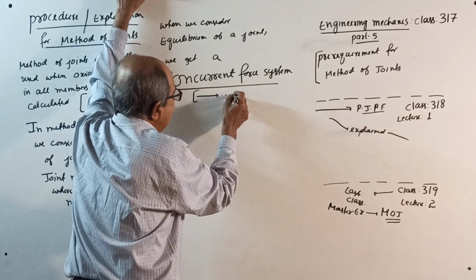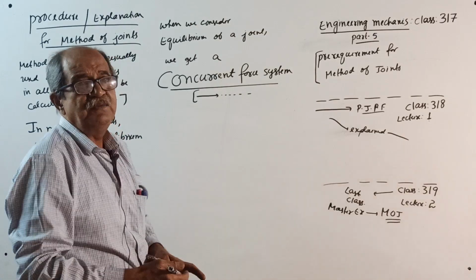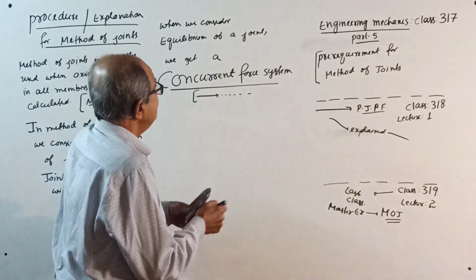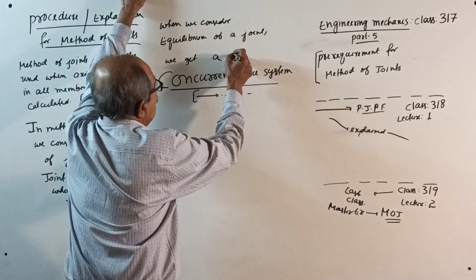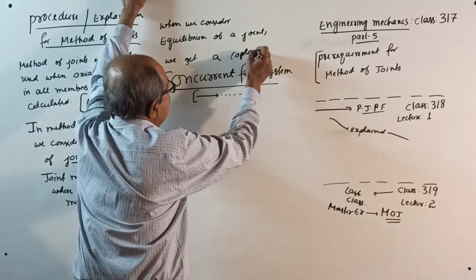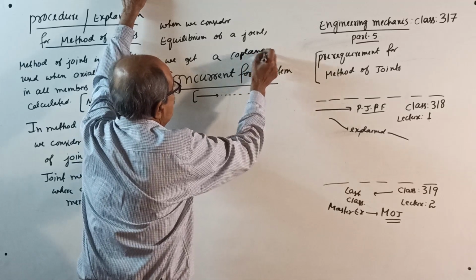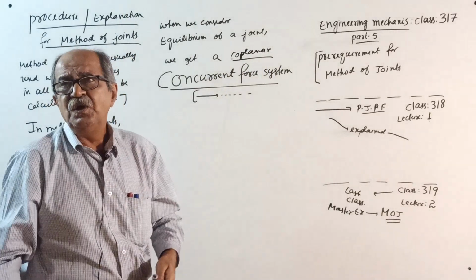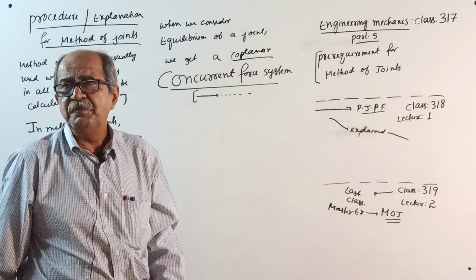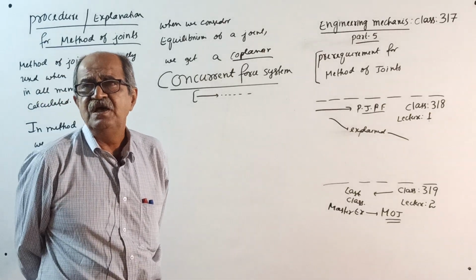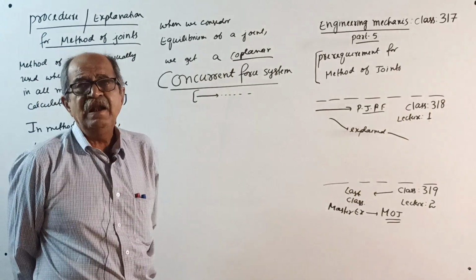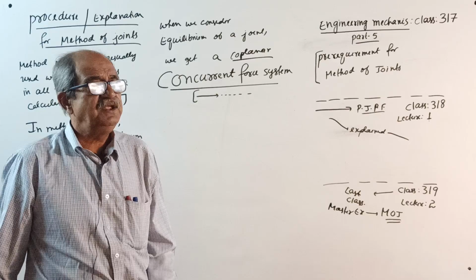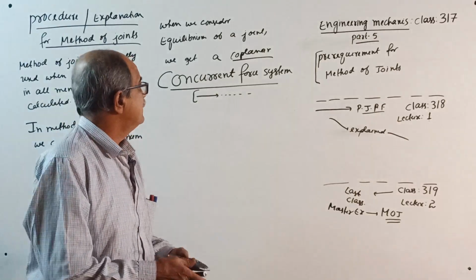Make a note further. We already know that a concurrent force system is a force system. Actually, concurrent force system means coplanar. Very important. A coplanar concurrent force system is a force system where all forces are lying in one plane. The lines of action of all forces are in one plane, and the lines of action of all the forces pass through a common point. You know this from the beginning of engineering mechanics.